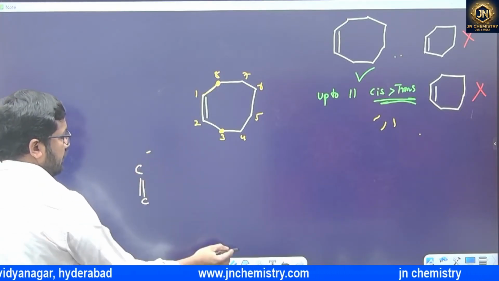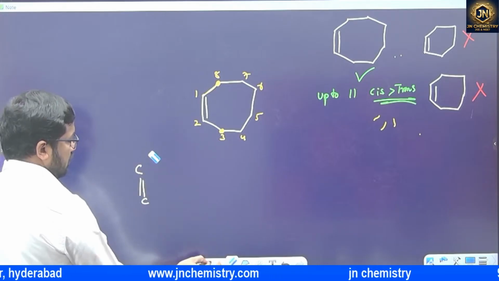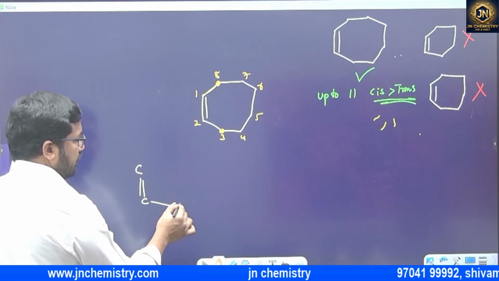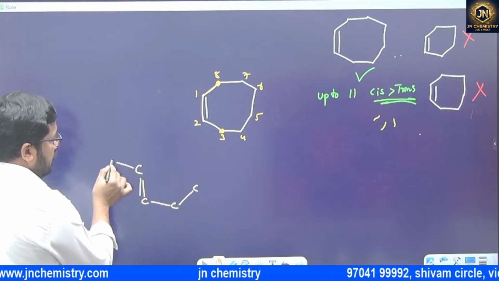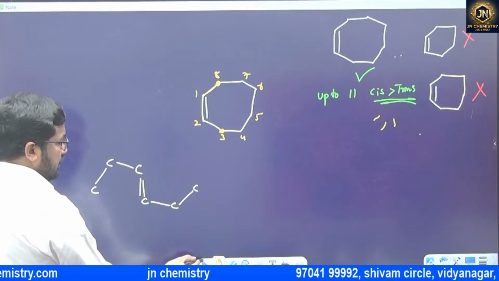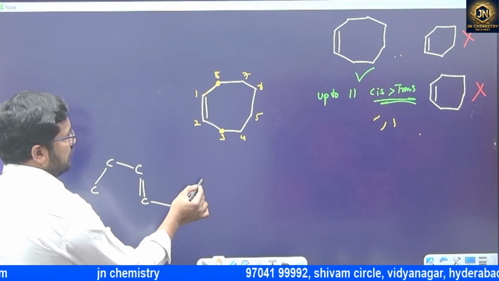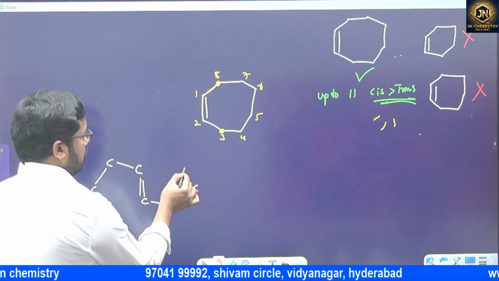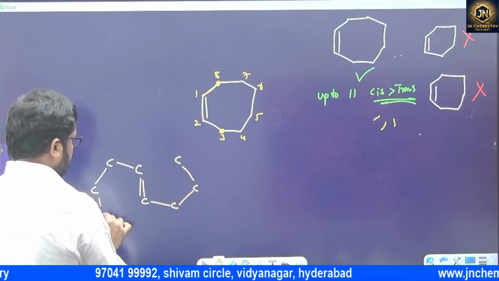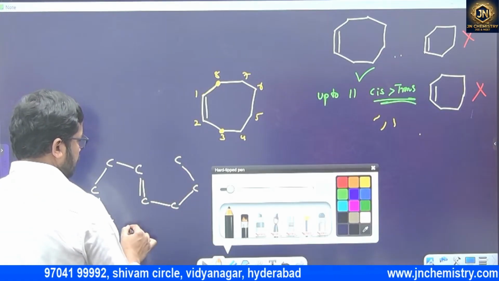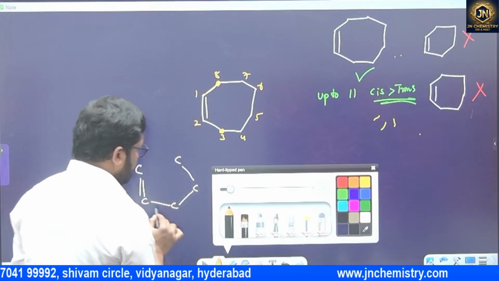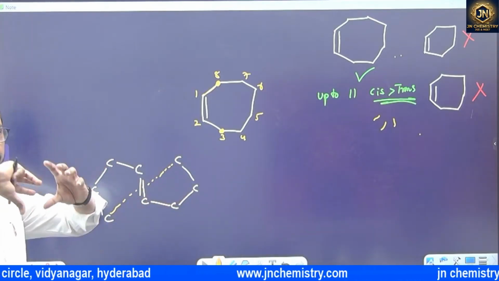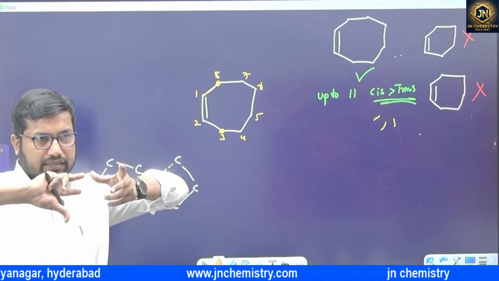Now, this is C, C. How many are there? There is one more C. The back side, I'm just showing in yellow color, the bonding is there on the back side. We have totally twisted it.